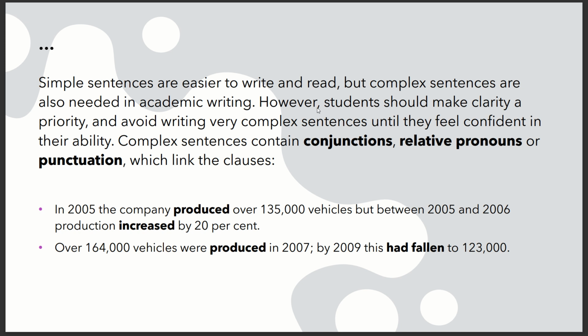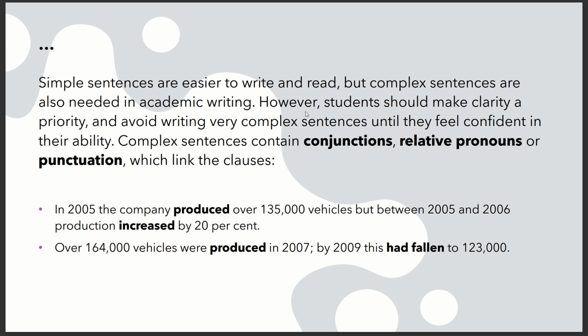Students, especially those who want to be considered advanced, try to make their sentences as hard as possible. That should not be your goal, guys. That should not be the priority of your paper. The priority of your paper must be clarity. If your sentences are clear and understandable, that's enough, okay?